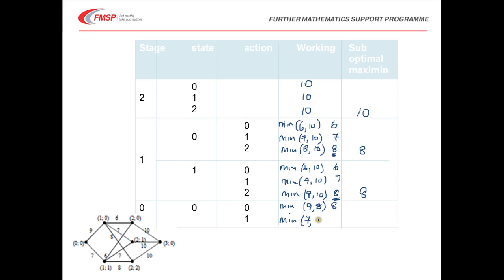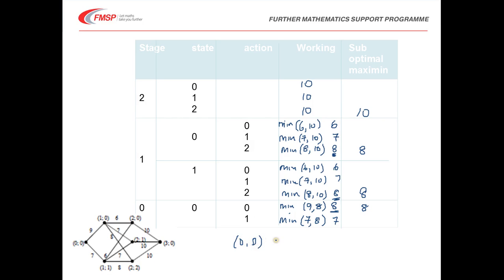But again, from the last stage, we know that the maxi-min there is an 8, so we'll have an 8 here. So the minimum there is a 7. So the maxi-min at this stage is going to be 8. And that means that the heaviest truck that we're going to have to be able to use will be 8 tons.